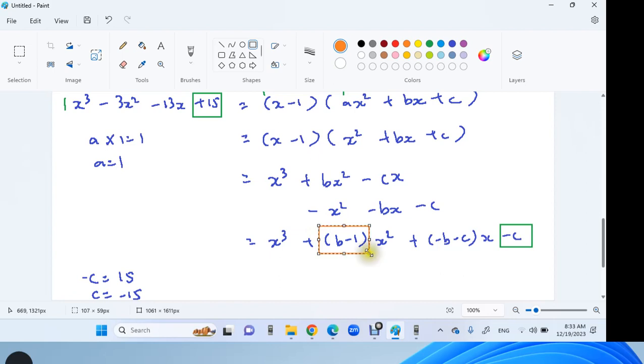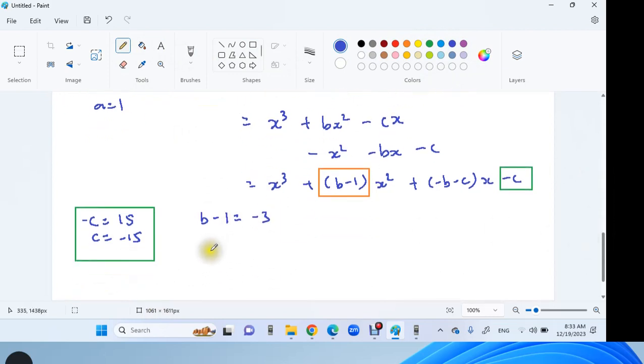We use b minus 1 instead of negative c because b minus 1 is easier. So we compare this one. We have b minus 1 equal to negative 3. So we have b equal to negative 2.